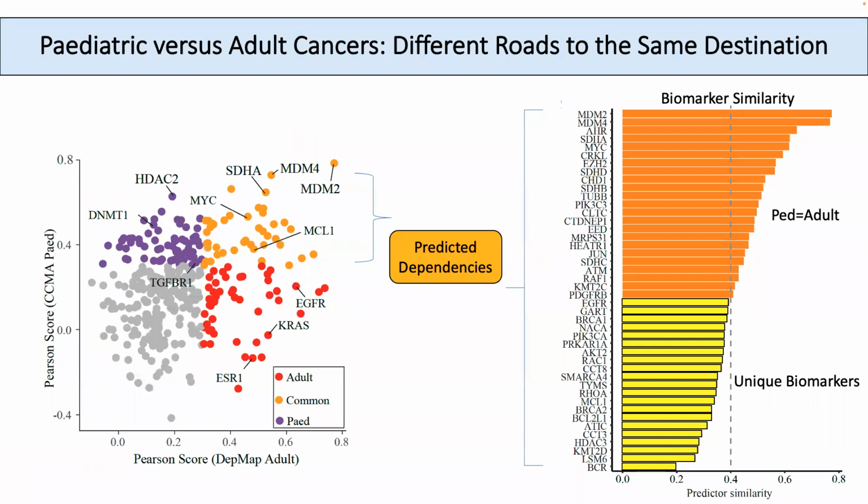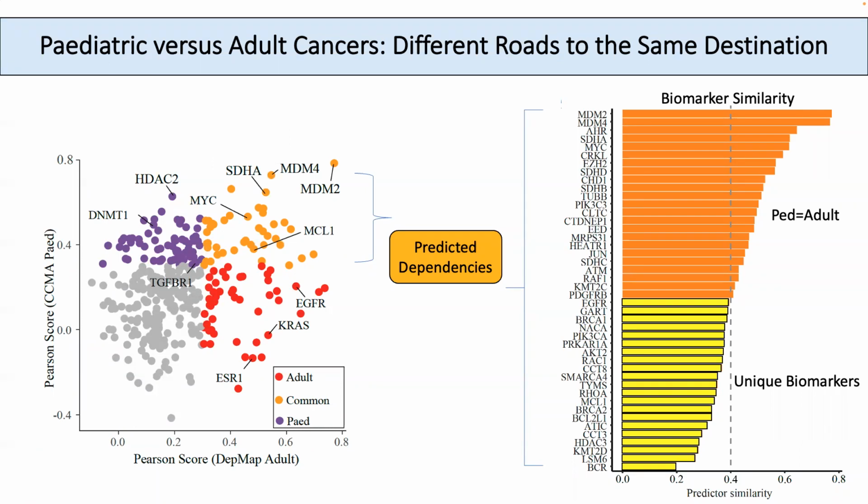So lastly, we wanted to go beyond the genetic dependencies, and with the molecular features that we've compiled across all these lines, we wanted to ask whether we could identify particular biomarkers that predict these genetic dependencies, and two, whether these biomarkers were the same or different between adult and pediatric brain cancers.